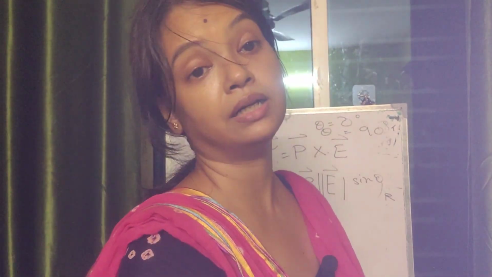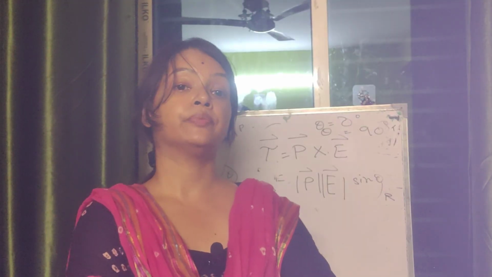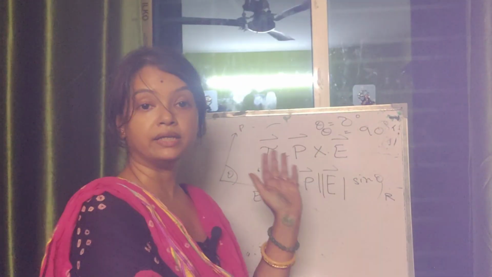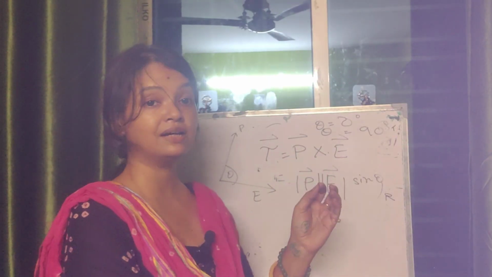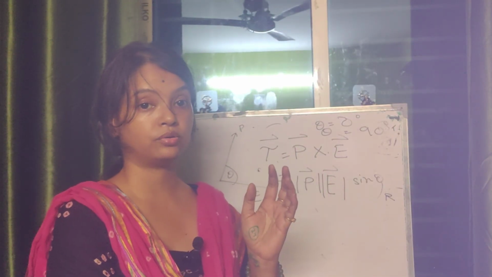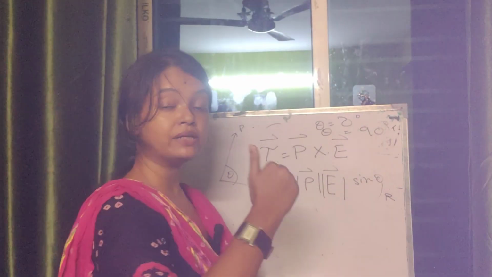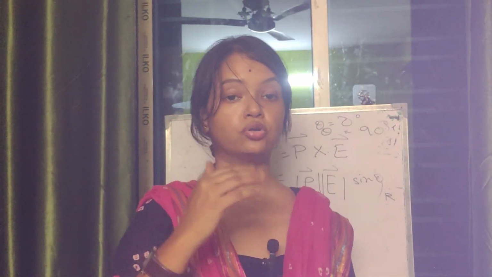That means in the dipole system, whenever the angle between the dipole and the electric field is 0, at that time it is maintaining the minimum torque, whereas when P and E are perpendicular to each other, at that time the torque of the system is highest.